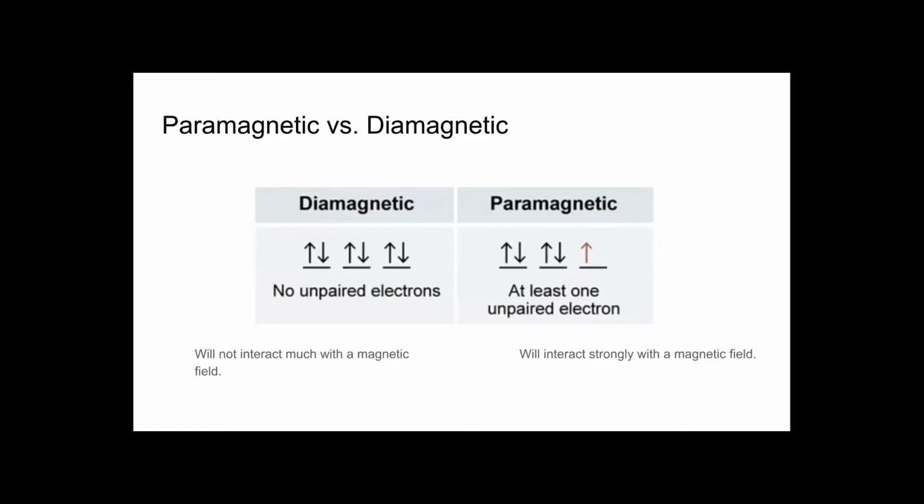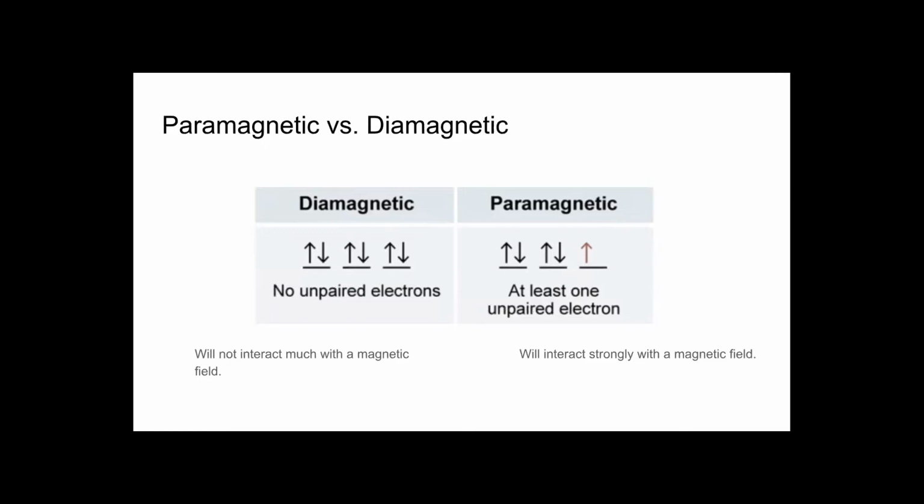On the other hand, we have paramagnetic, and this means that there will be at least one unpaired electron in the quantum numbers for that element. This means that that element will interact much more strongly with a magnetic field. And this kind of makes sense, right? Because if you look here, everyone has a partner, so they're really happy.